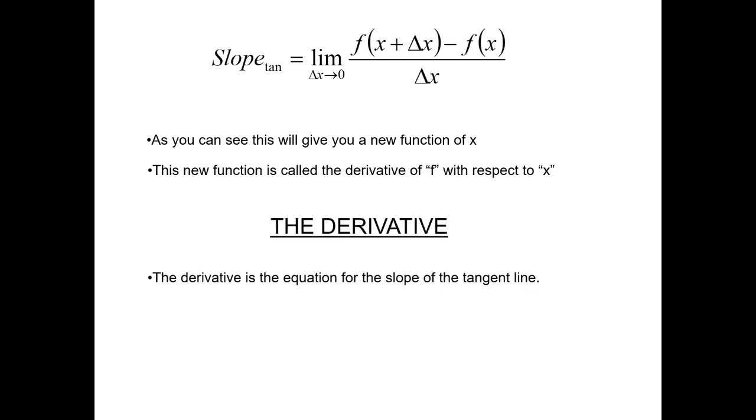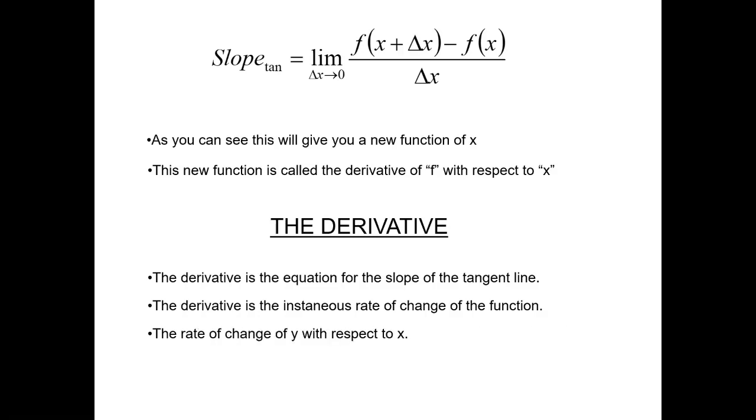The derivative, as we saw, was the equation for the slope of the tangent line. You can also think of the derivative as the instantaneous rate of change of the function. A lot of times we would also say that it's the rate of change of y with respect to x. Now, all three of those are saying basically the same thing, just slightly different ways of wording it.